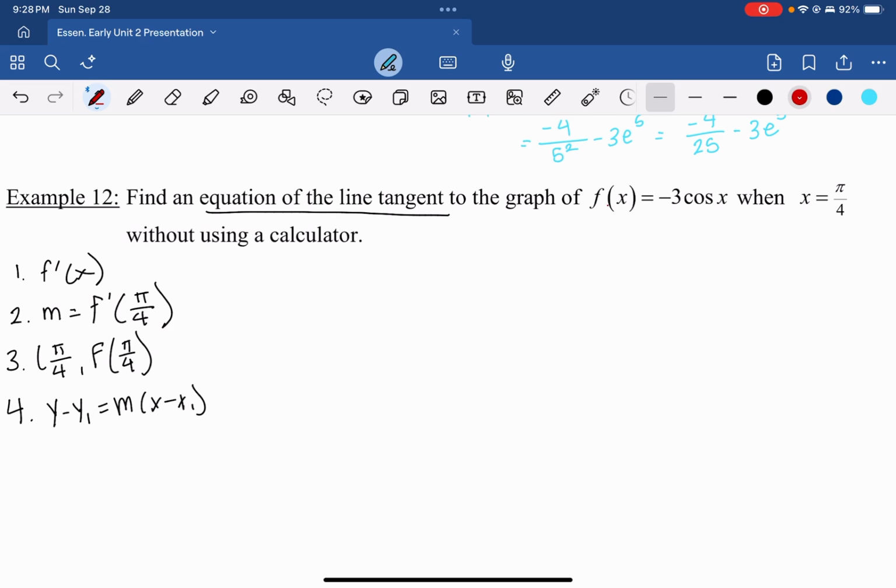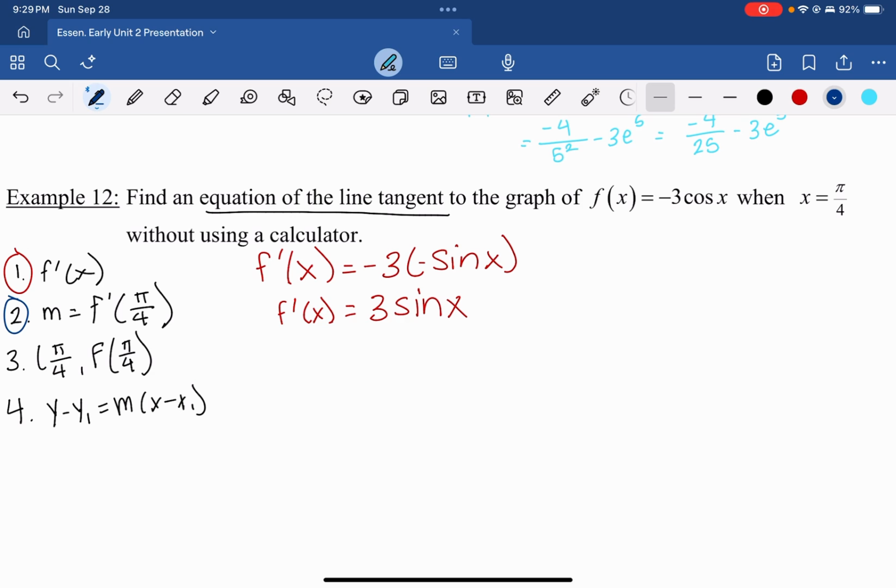So we have f of x equals -3 cosine x. Okay, so step 1, f prime of x is going to equal -3 times negative sine of x. So f prime of x equals 3 sine x. Okay. Step 2 is to find out our slope.